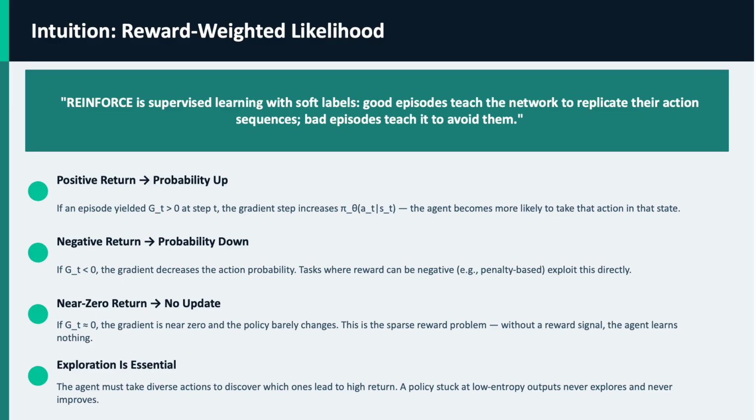If G_t is near zero, the gradient update is near zero, and the policy barely changes. The last case is exactly the sparse reward problem. In environments where the agent almost never receives any reward, G_t is almost always near zero, the gradients are near zero, and the policy never improves. This is why sparse rewards are so painful, specifically for REINFORCE.